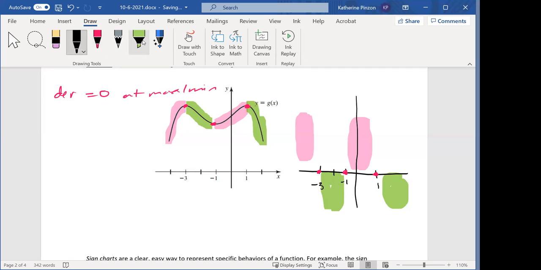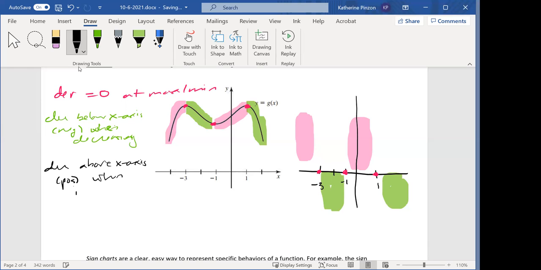It's negative when it's decreasing and it's above the x-axis, or positive, when it's increasing.